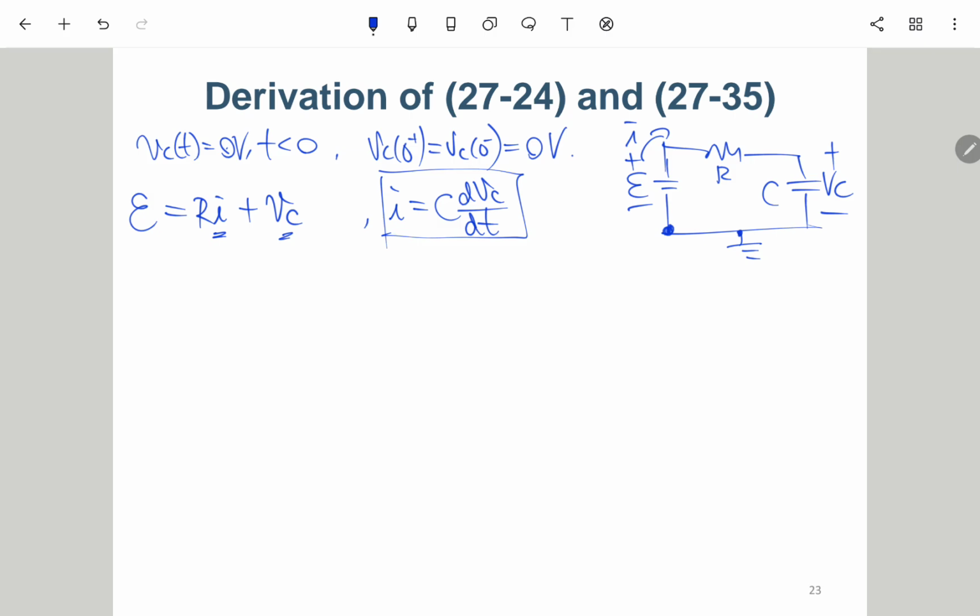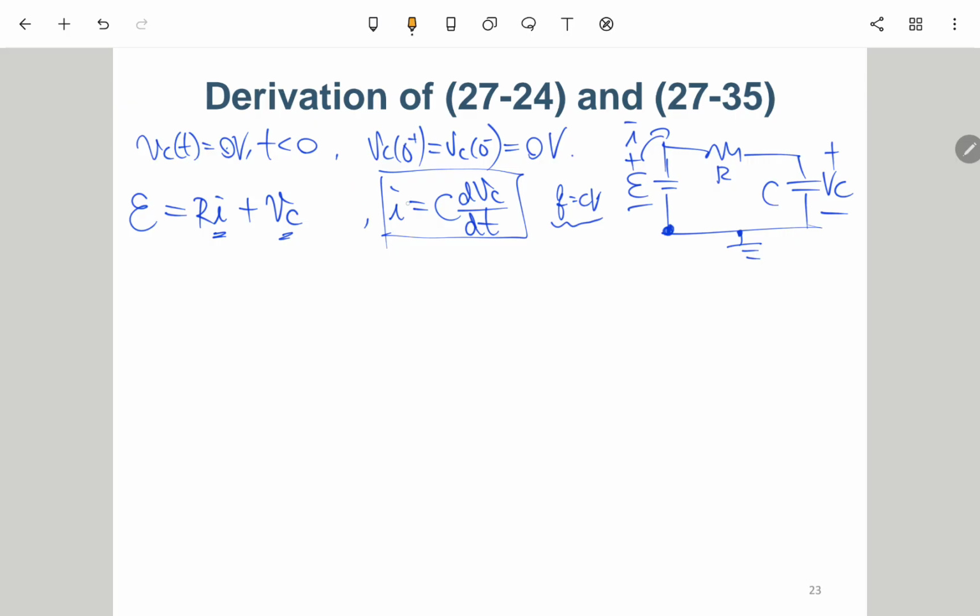If you forget where it comes from, we have Q equals CV, and then you take the derivative on both sides, and you have I equals C dVc/dt.